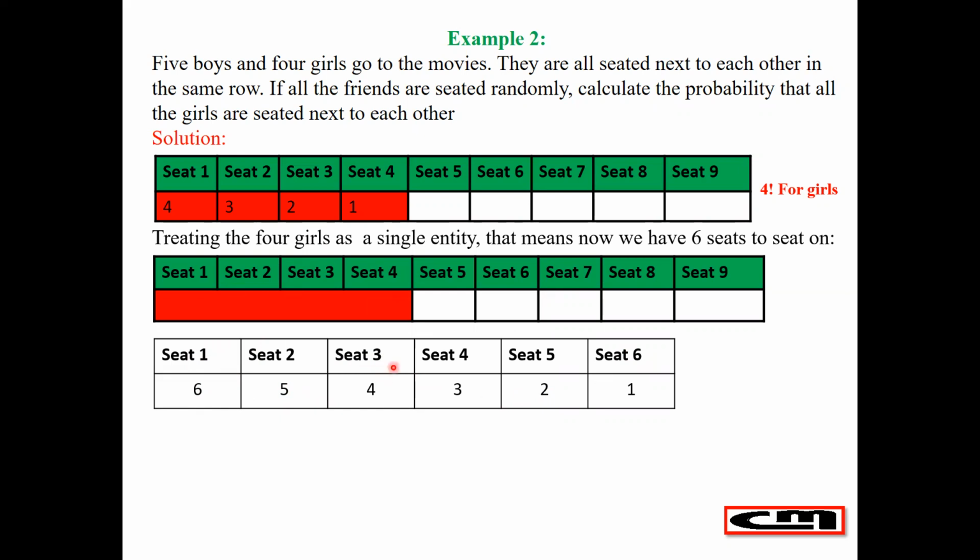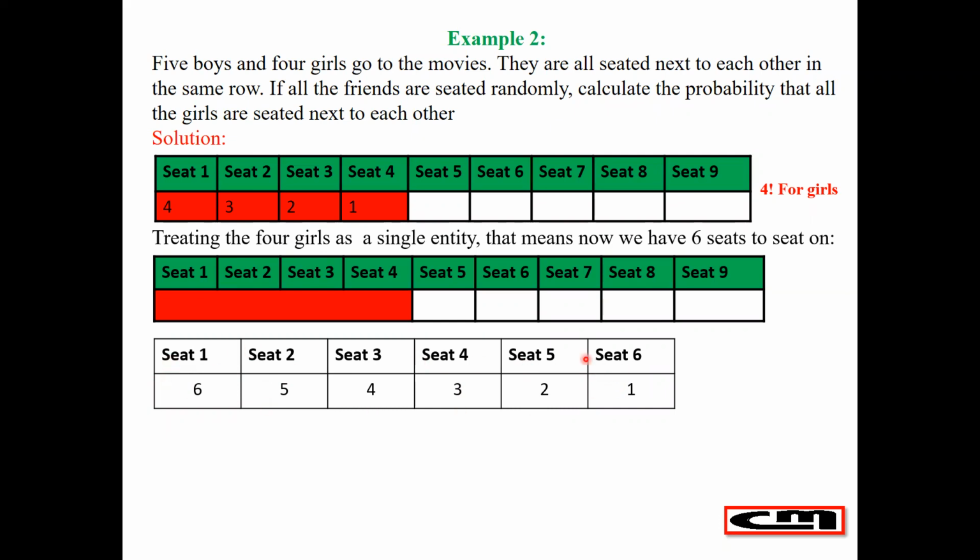So 6 seats to fit in 6 people. The first seat, any of the 6. Once it's filled, 5 are left. Seat number 2, any of the 5 can occupy, any of the 4, and so on and so forth up to seat number 6. So in how many ways can we sit them?